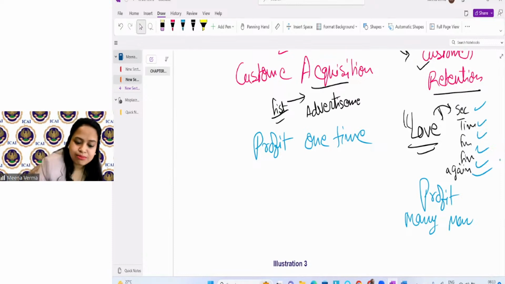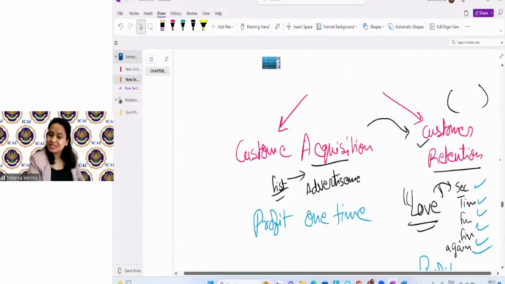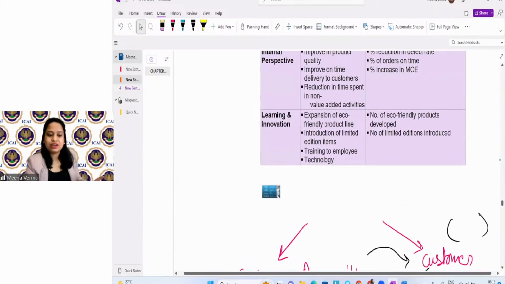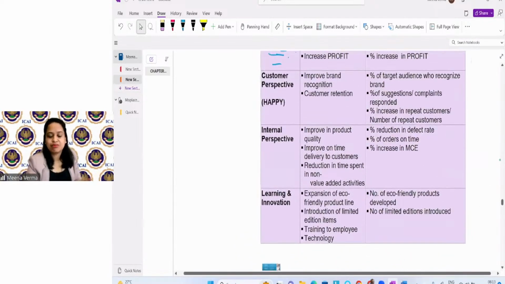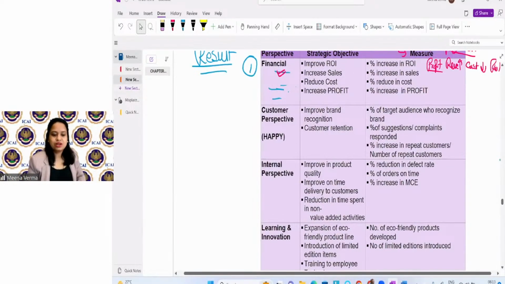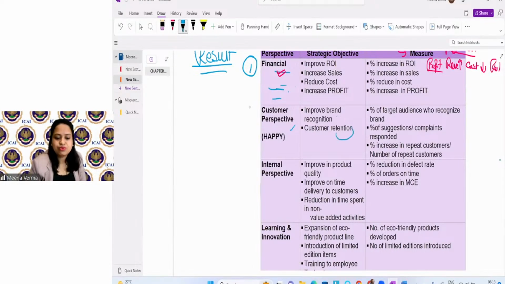So many times you will get the profit from the same customer. So what is good? Customer acquisition is not enough. Customer retention is what the company needs. That shows that the customer is happy with your product and services. Right? So from the customer perspective, what will happen? Improve the brand recognition and improve the customer retention.